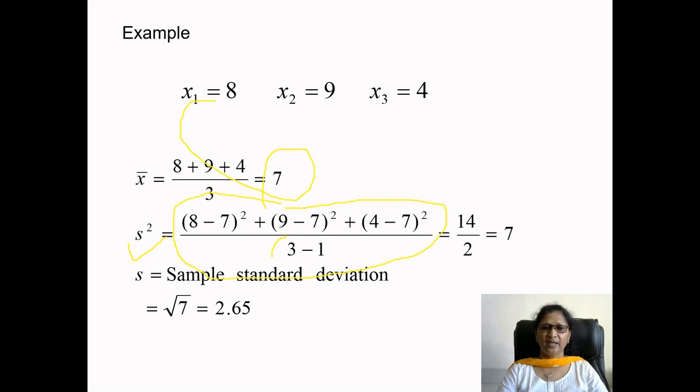Note that instead of n, we use 3 minus 1 because this is a sample mean. When we use a sample mean, it is the sample standard deviation, and instead of dividing by n, we divide by n minus 1. So the variance comes out to be 7, and the square root of the variance, 2.65, is our standard deviation.